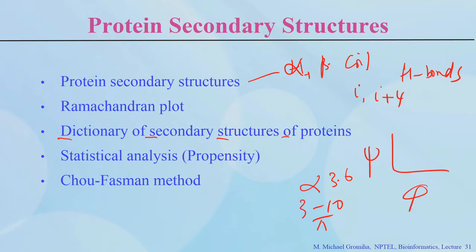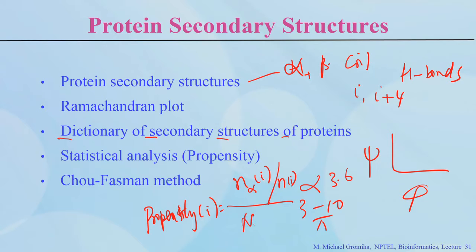How do we get the propensity of residues in alpha helix or beta strand? For example, for alpha helices, what is the propensity? Propensity of I equals the number of residues of type I in the alpha helix, n alpha of I, divided by the total number n alpha, divided by n, right.